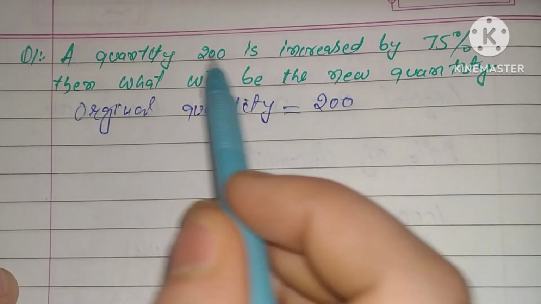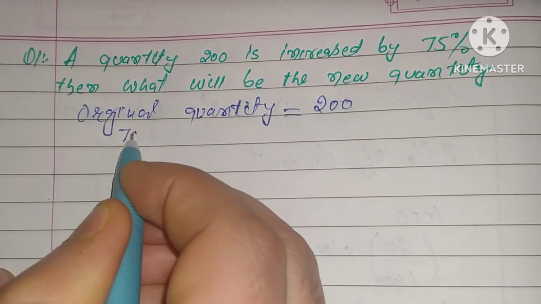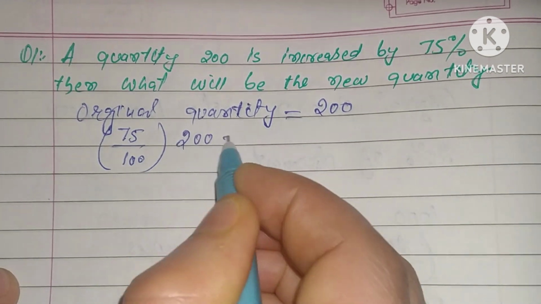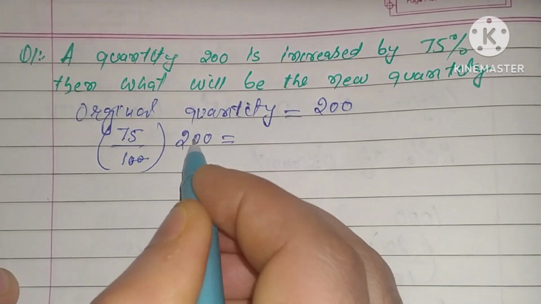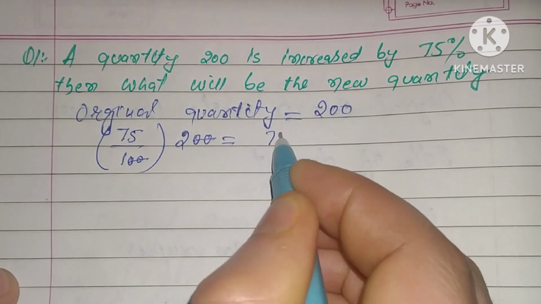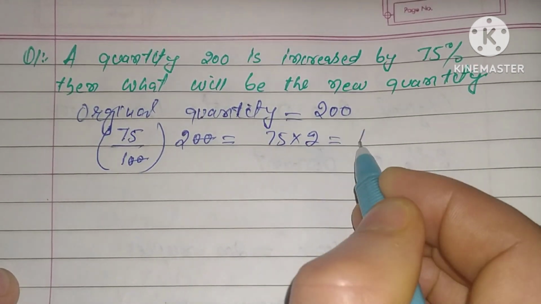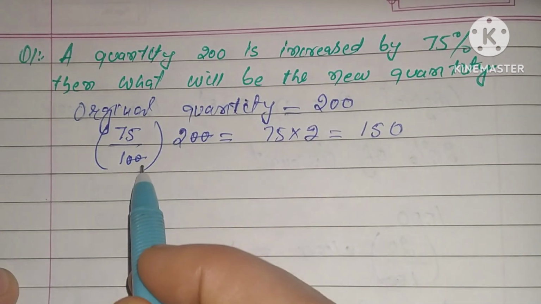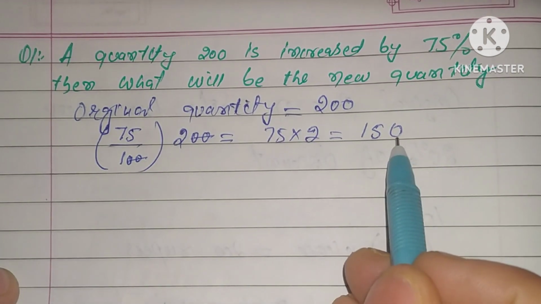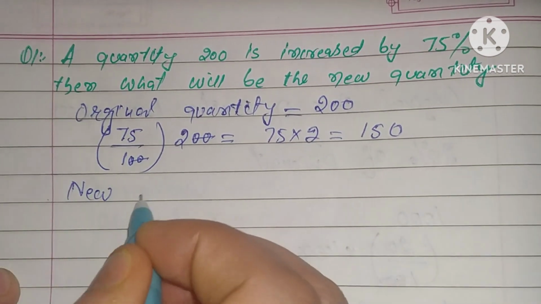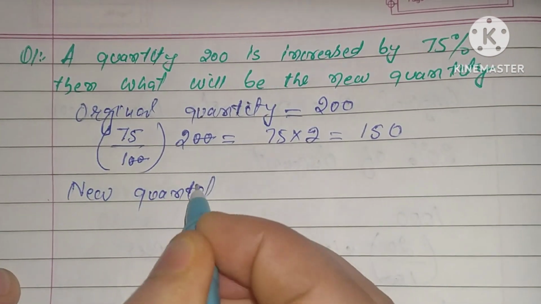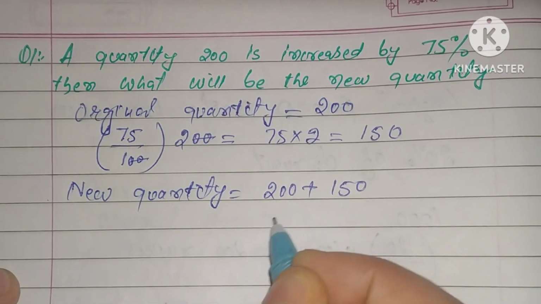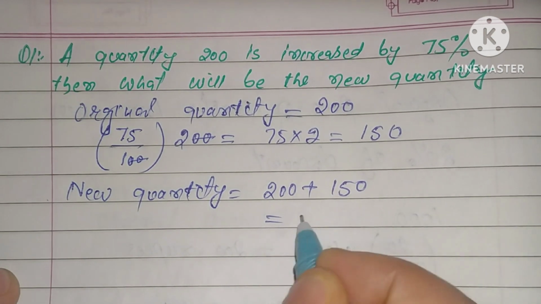Now 75% of 200 will be 75 into 2, it will be 150. The original quantity will be 200 and the increment will be 150. So the new quantity will be 200 plus 150, that will be 350.